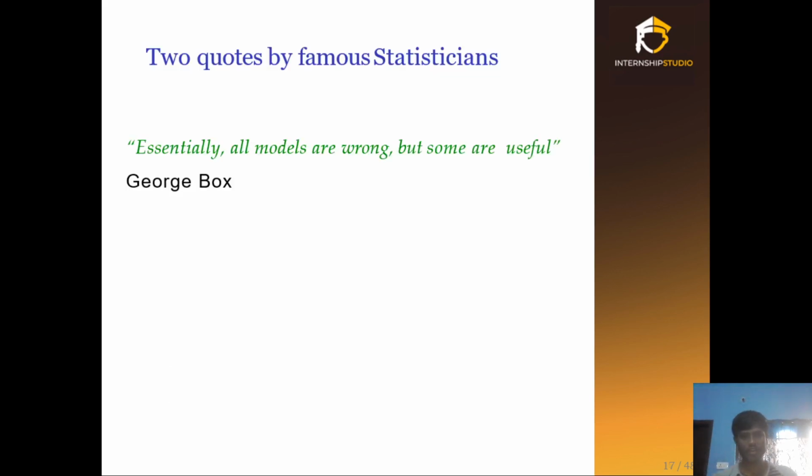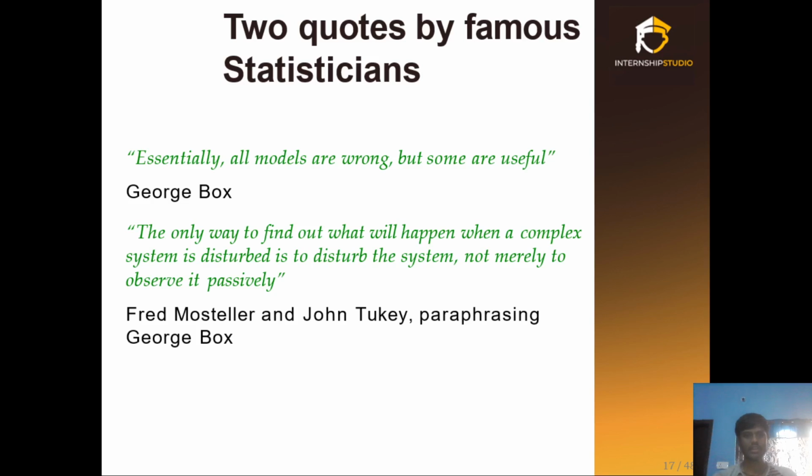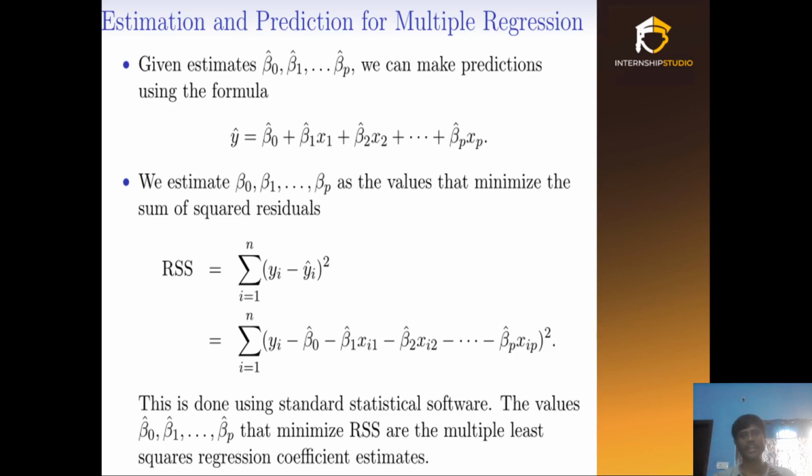And essentially, all models are wrong, but some are useful. The only way to find out what will happen when a complex system is disturbed is to disturb the system, not merely to observe it passively. So we have to be more active, and we should understand how we are going to interpret the data, what the relationships are between the features and between the independent and dependent variables, and how we are going to fit the best possible model for that particular data with the knowledge and restrictions we have.